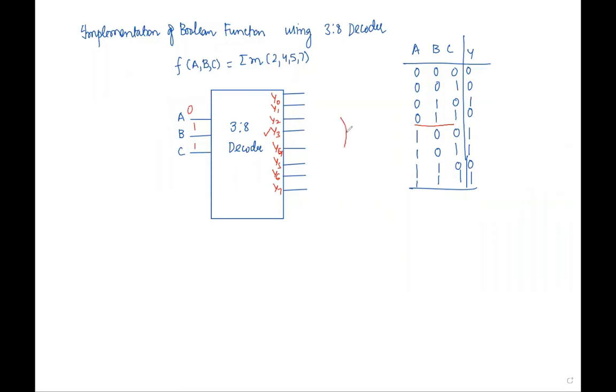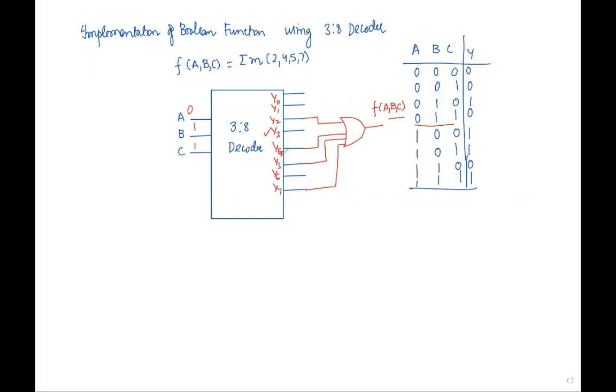So at output, what will you get? 2, 4, 5, and 7. So here you will get output corresponding to this Boolean expression.